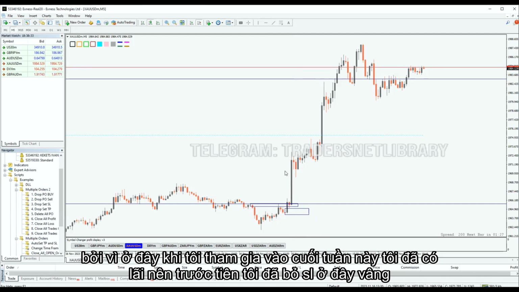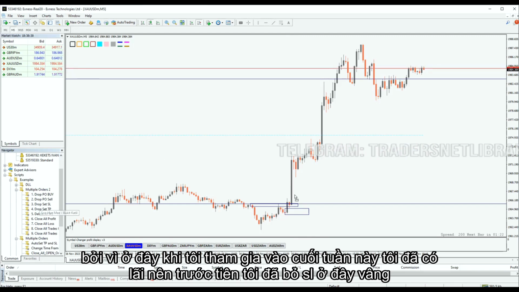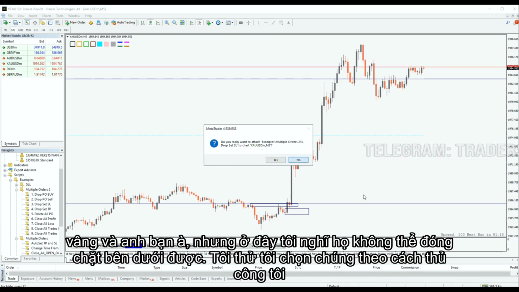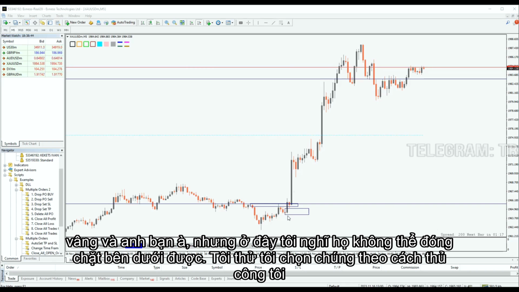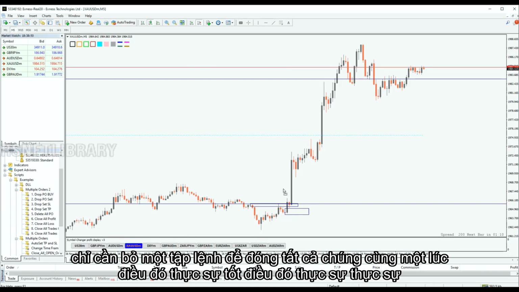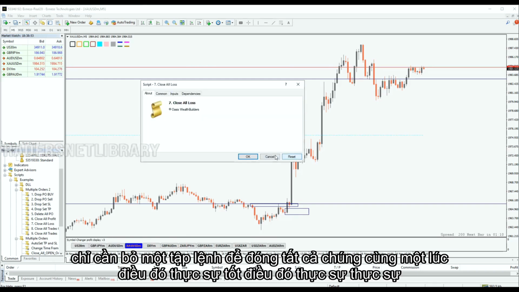Because here, once I entered this big candle, I was in profit. Then I dropped a SL here, just here. But if the candlestick closes below here, I close them manually. I just drop a script to close all of them at once.